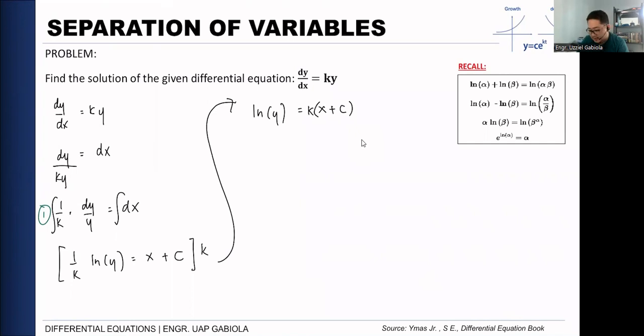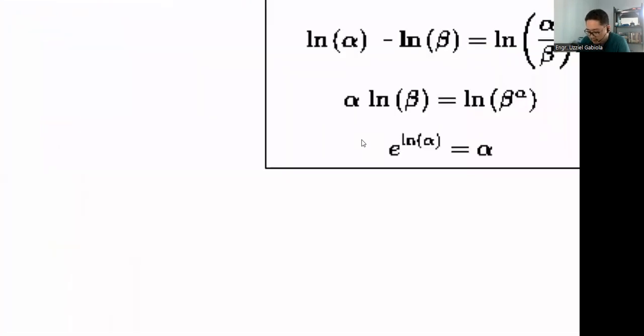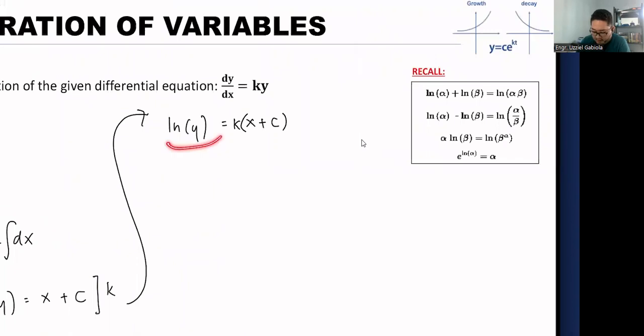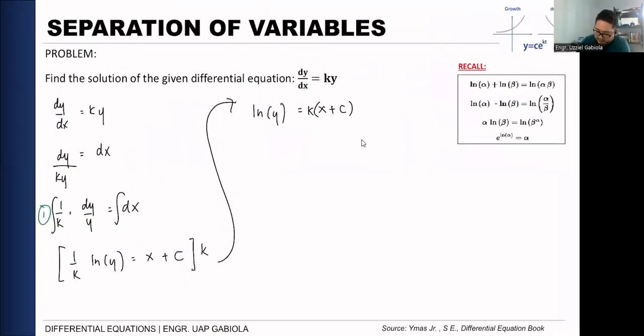These are properties of the natural logarithm. We can eliminate the ln by raising our function to e, the exponential. When you see e to the ln of a function, it equals the function itself. So we have ln y, then e^(k(x plus c)). We can raise both sides of the equation by e.